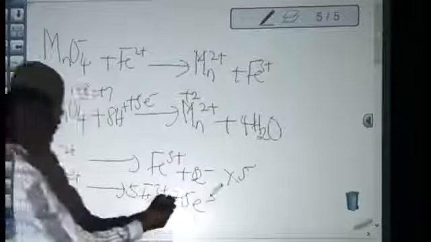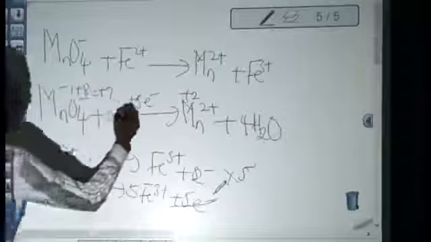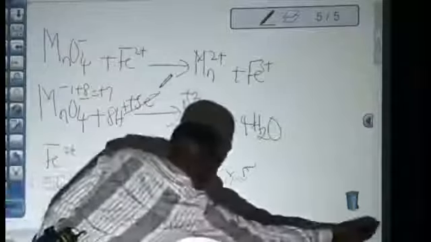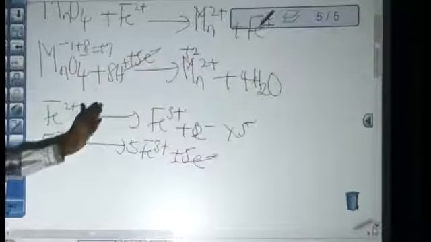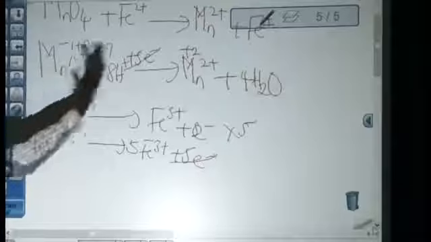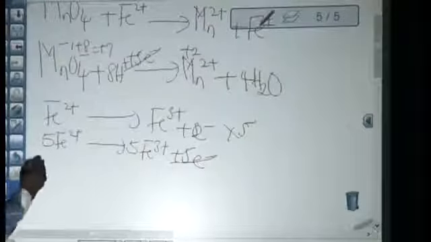The electron loss cancel electron gain. Then the last one now is for us to combine the two halves. Write the equation at your left-hand side together, then combine the one as you have at your right-hand side together.